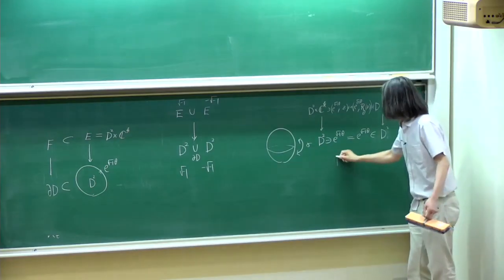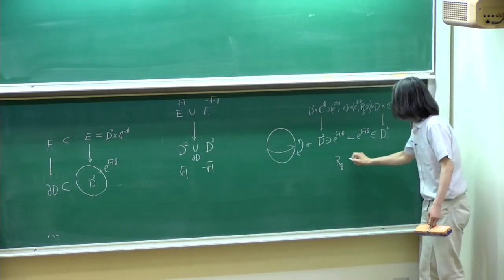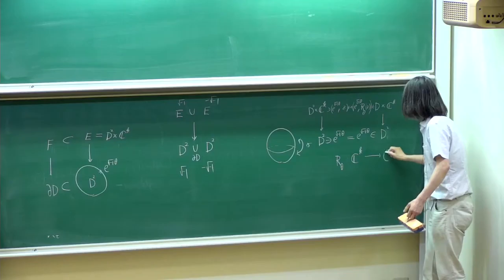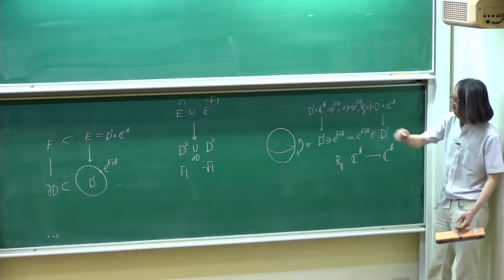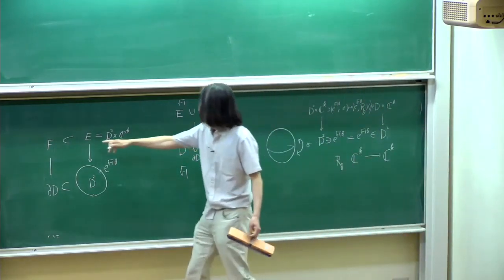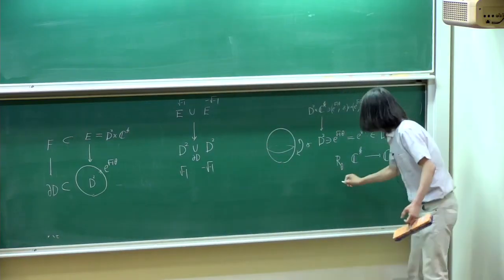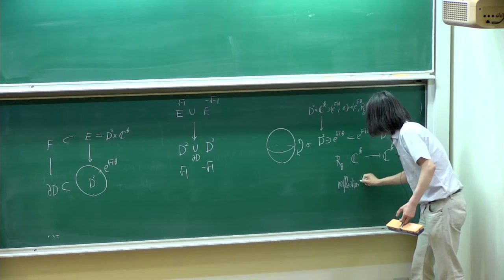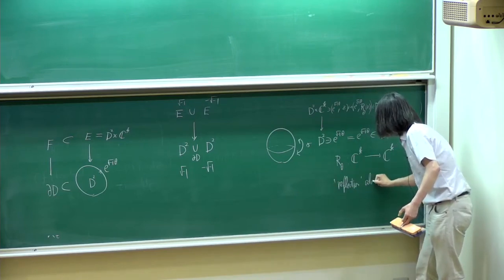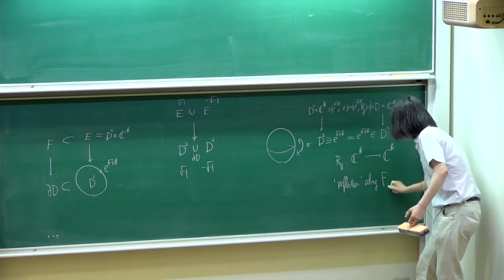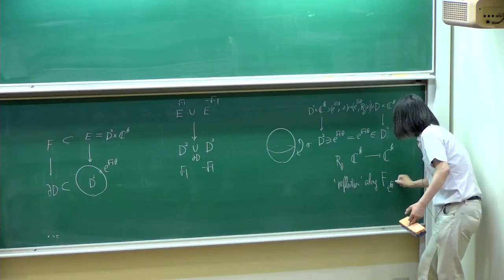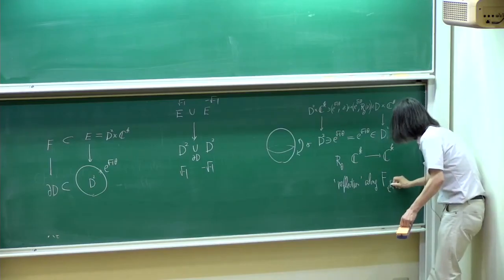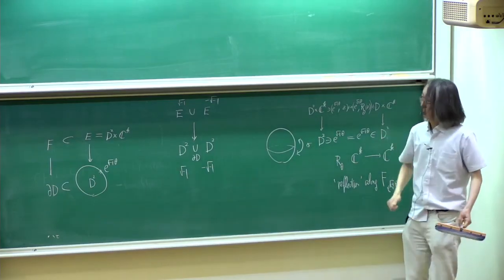And what is R theta? R theta is a map from C^k to C^k, which is a reflection along this fiber. So this is a reflection along this F over e to the square root of minus 1 theta. Does it make sense? So what I'm doing is this kind of Schwarz reflection principle story.